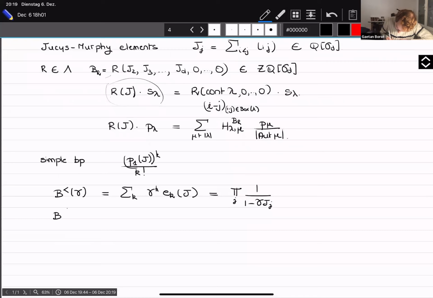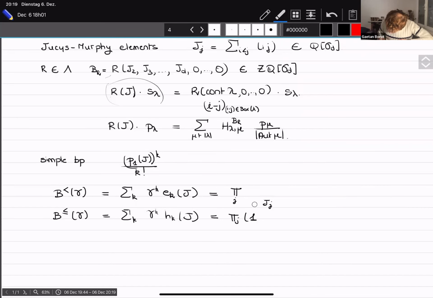And on the other hand, if you want the weakly monotone, you will get the HKs, which are those ones. Sorry, I think I mixed them. This here. Probably vice versa.